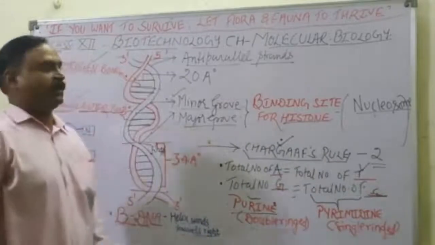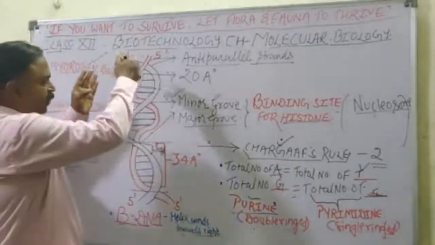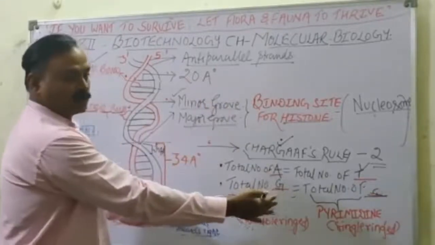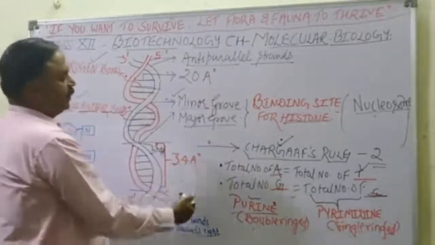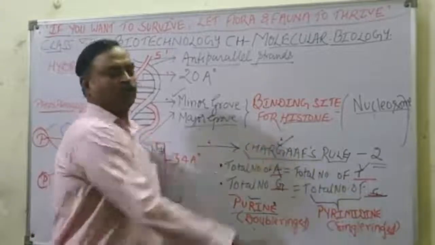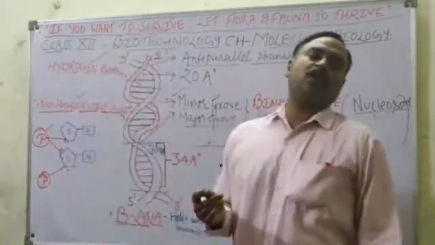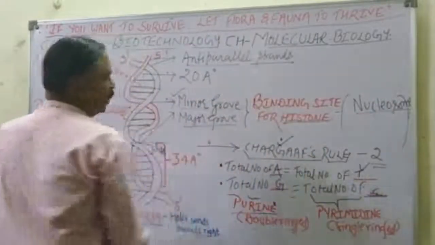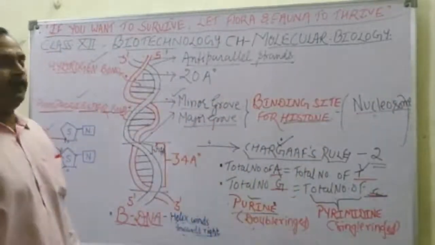These are the base pairs, and the total number of guanine in one strand is equal to the total number of cytosine on the other strand. This is called Chargaff's rule. Chargaff's rule is also called the law of equilibrium.